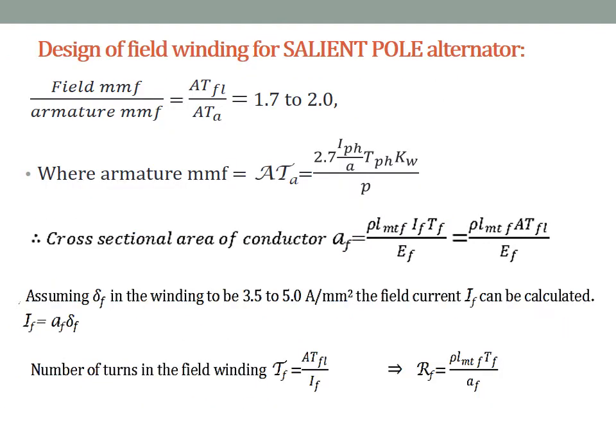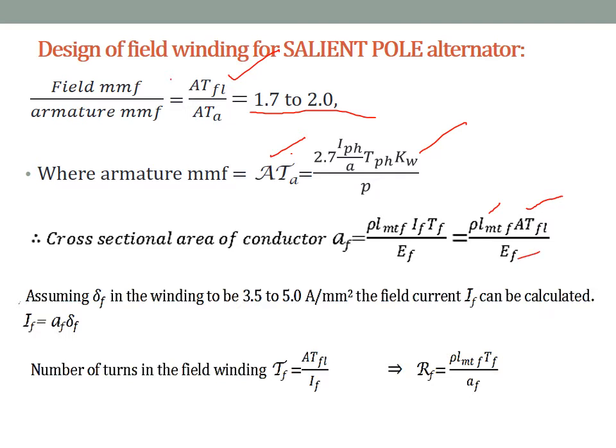Now design field winding of salient pole alternator. So we know this standard equation, ATFL by ATA, where we have to select the ratio, which should be 1.7 to 2. ATA is given by this equation, use this equation to find ATA, substitute here, find ATFL. Once you know ATFL, substitute here rho LMTF.